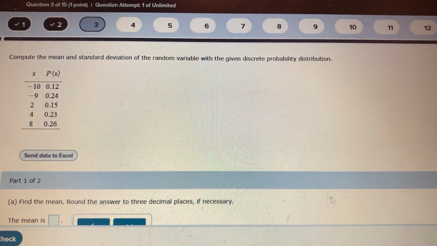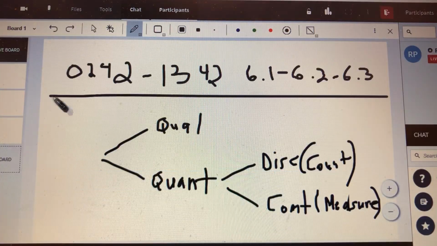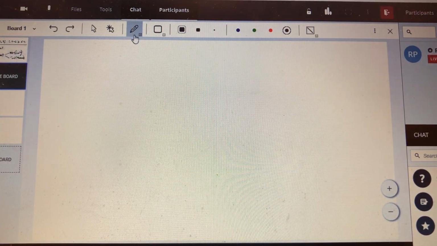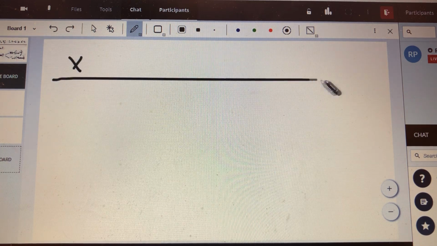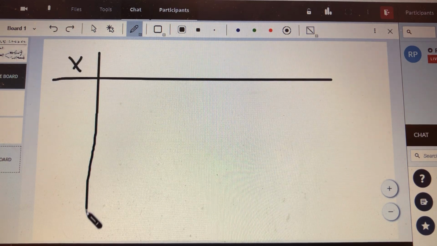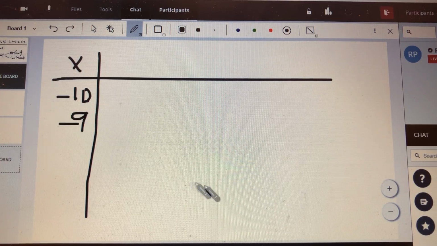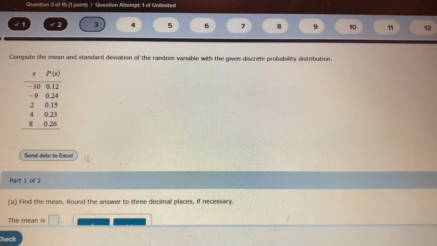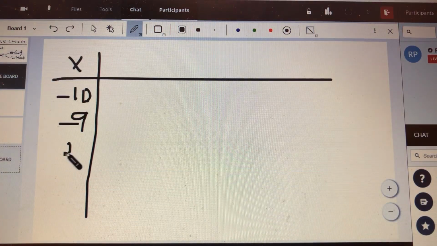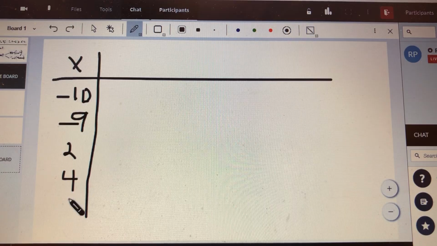So if you're going to find the mean, I'm going to show you this both the slow way and the short way. If you write this down or have somewhere where it's already written down for you, the first 2 columns have to be given to you. So I'm just rewriting what was already given to me. Negative 10, negative 9, 2, 4, and 8. Turns out the mean is pretty easy to do even by hand.